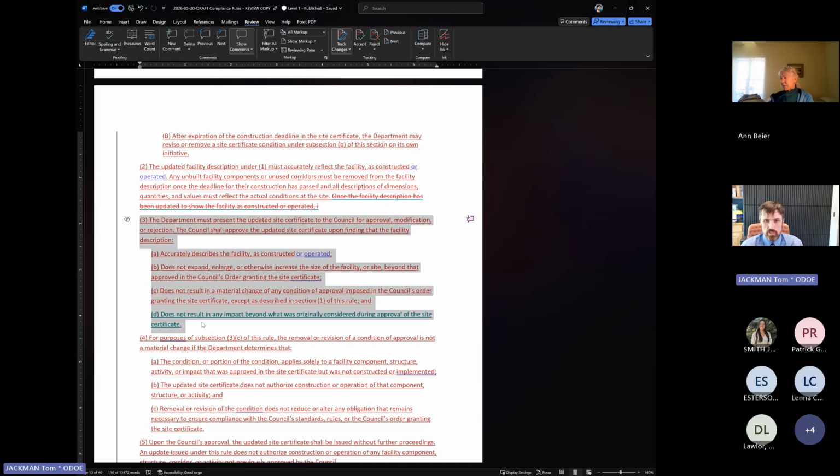So might as well update the site certificate to reflect that, to help our compliance team out, and also anybody else who wants to review the certificate to understand what the facility is. Do we need the council to approve that?